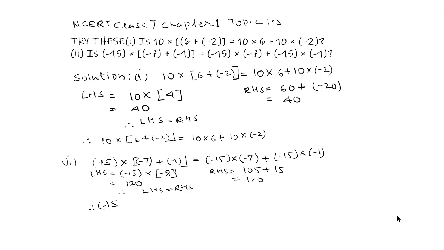Therefore, minus 15 multiplied by, within bracket, minus 7 plus minus 1 equal to minus 15 multiplied by minus 7 plus minus 15 multiplied by minus 1.